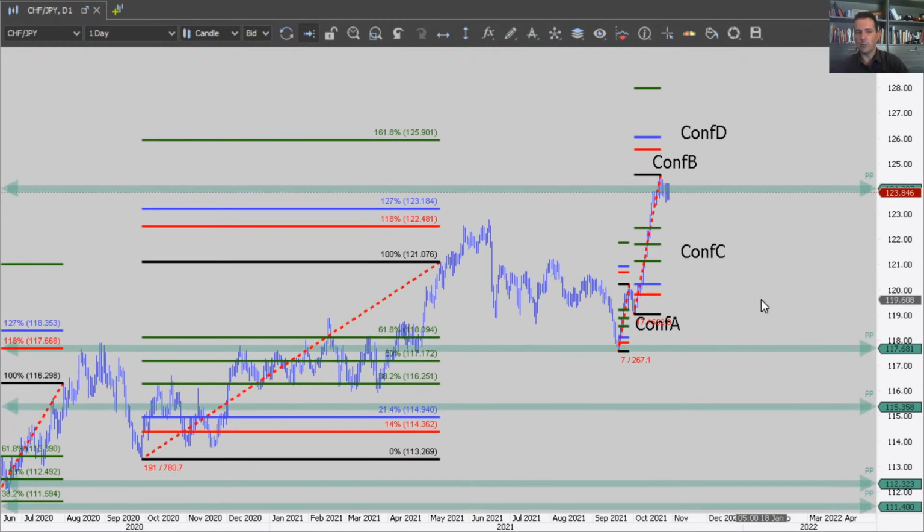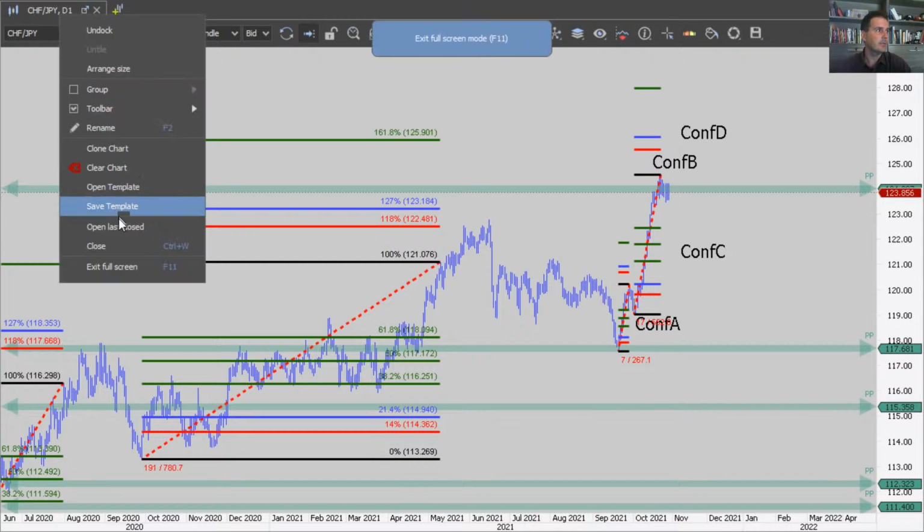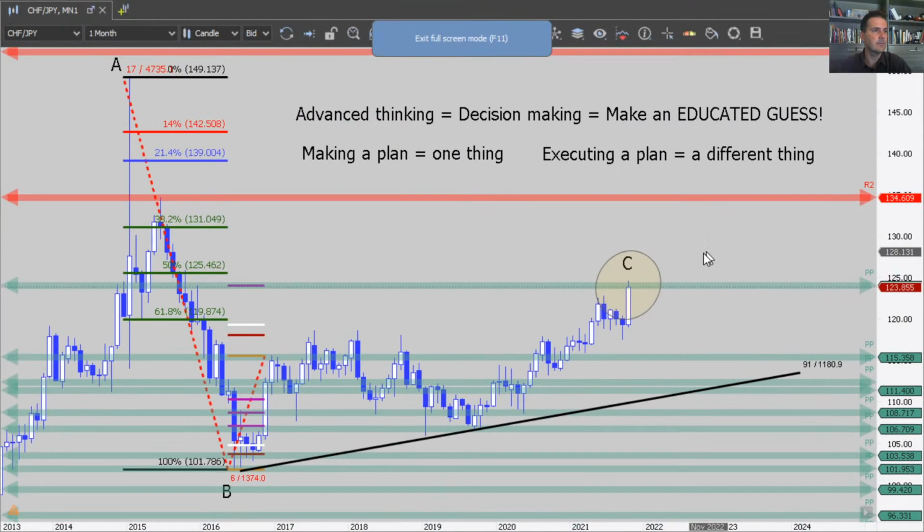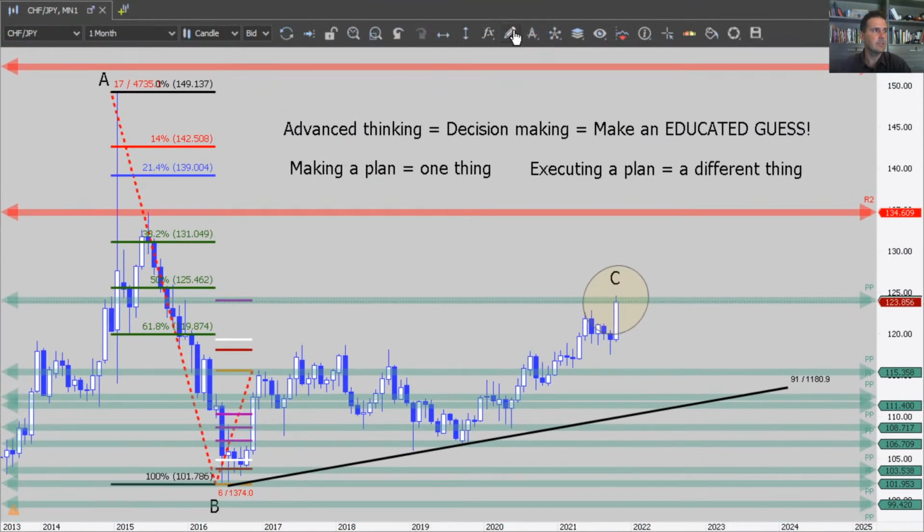Okay, so let's try to learn something today, everybody. You have an up Fibonacci, the original one. You have the confirmation Fibonacci up. And you are telling me that we are going to short the market next week. So making a plan is one thing, and executing a plan is a different thing.